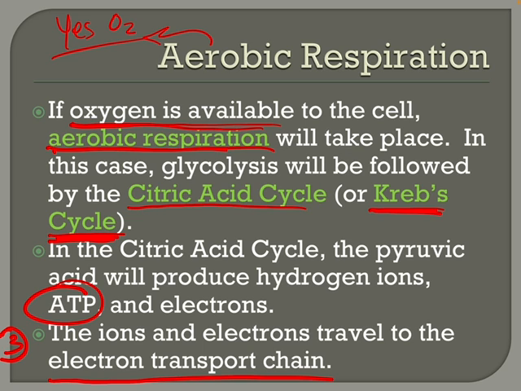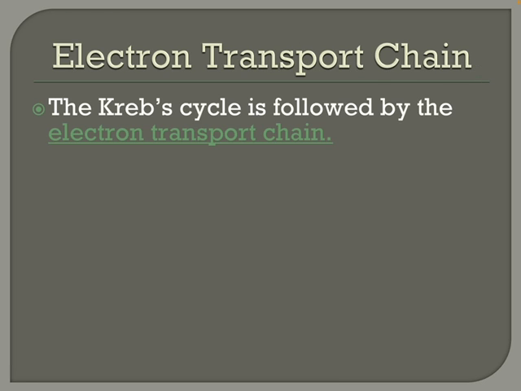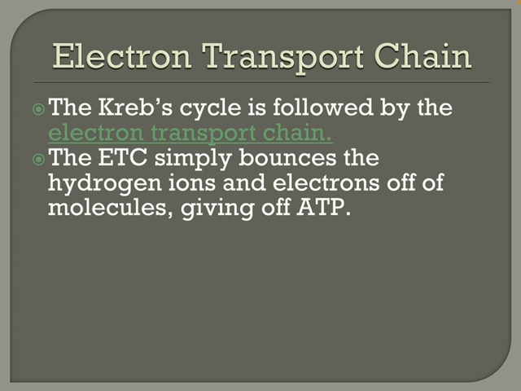The third step is the electron transport chain. Okay? Now, the ETC is very simple. This is what follows the Krebs or citric acid cycle. So we do that. That's step 2. This is step 3. The ETC is super complicated. All I want you to know is that, just as the name sounds, electron transport chain, the ETC bounces electrons around, right?